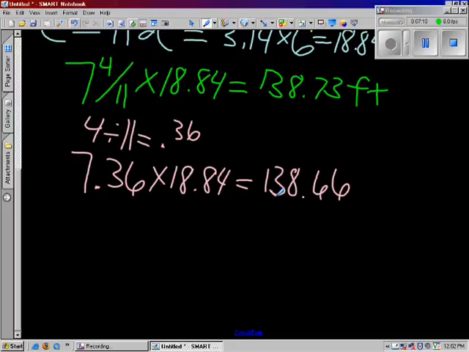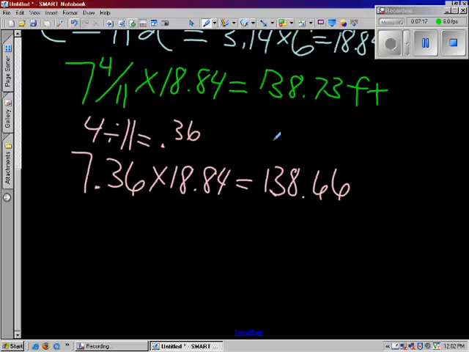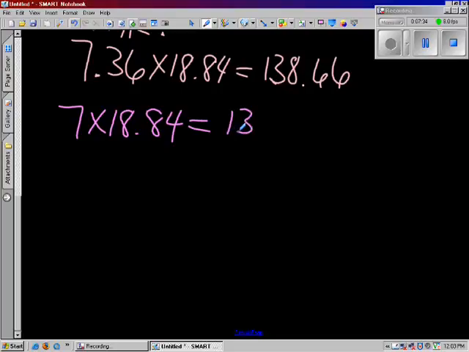Alright? And then the third way, my 2-step way. Let's get purple on here just for Sharon. Alright. 2-step way, first of all, my 7 full rotations times the 18.84. And this is one, again, you could do on paper, but you're welcome to do that one on calculator. That gives me 131.88.